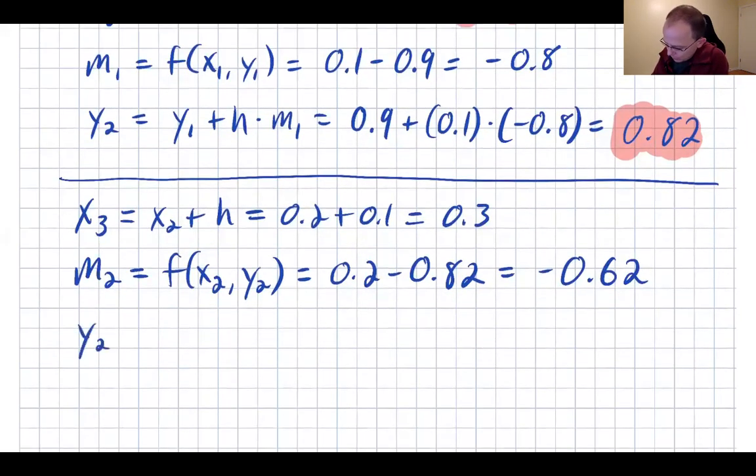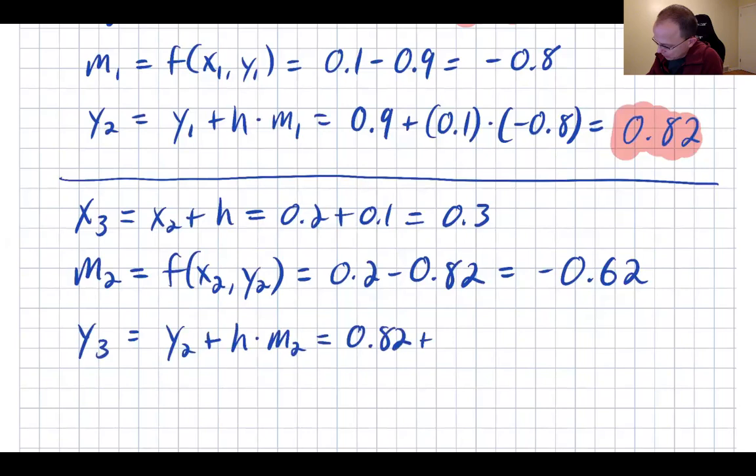And y3 is equal to y2 plus h times m2. So that is 0.82 plus 0.1 times this slope.